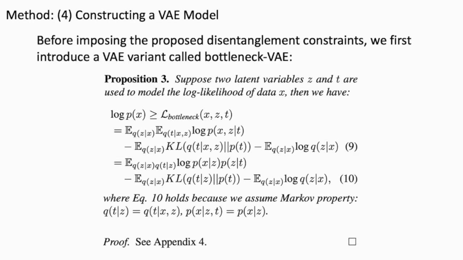Now we can start building a concrete model to realize our group-based disentanglement. But before directly imposing the proposed disentanglement constraint on a model, we first introduce a base model called the bottleneck VAE, and it is introduced in the proposition 3.